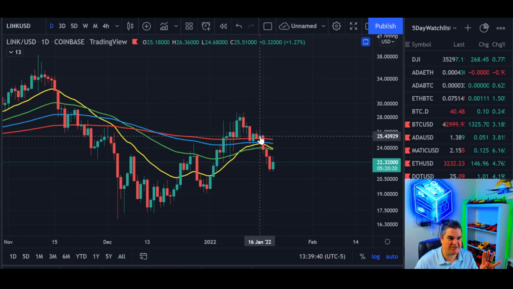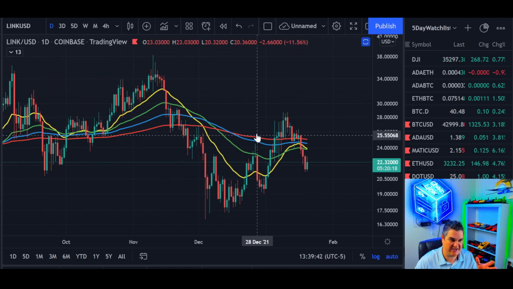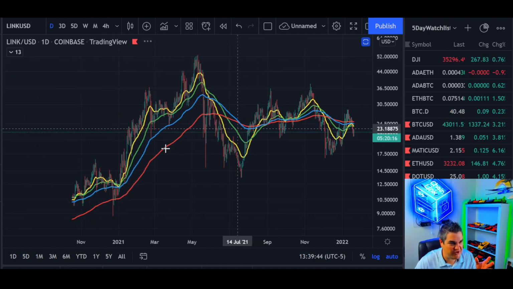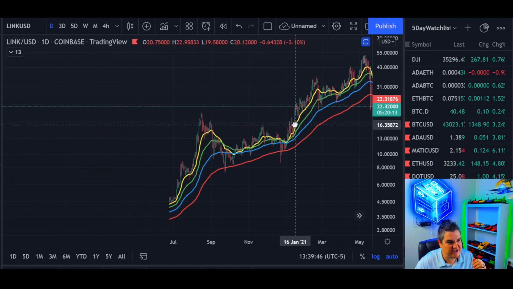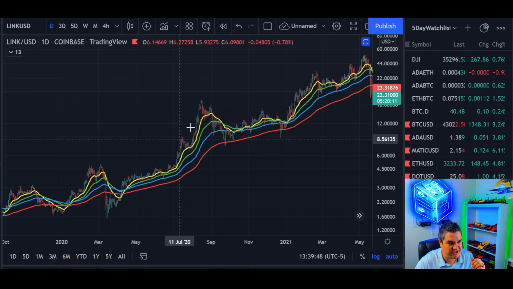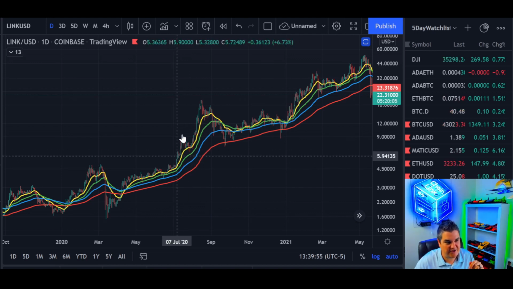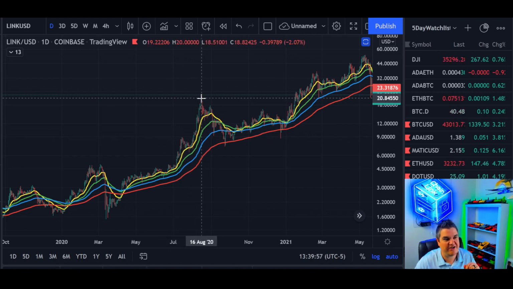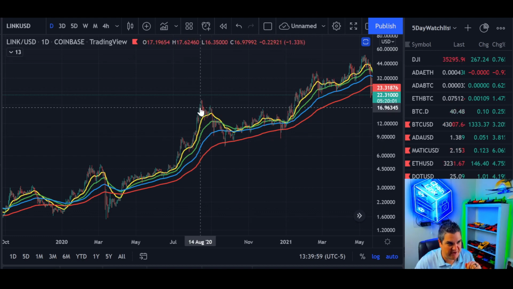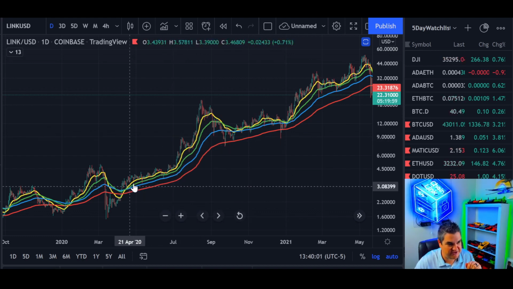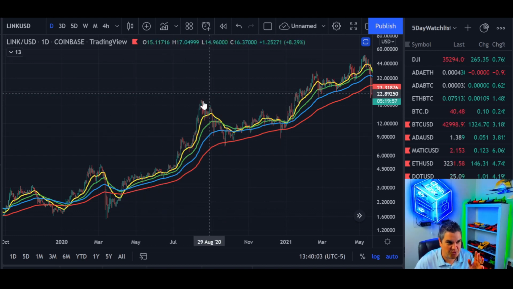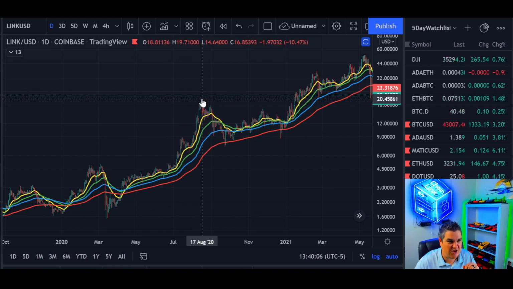Well, if you're familiar with charts at all, this is not the best, right? The best is when you're super bullish, you have these sorted out least to greatest, and you have your price action on top. And not only that, but you want key separation between said moving averages. See how massive it gets here? Link went parabolic from $2 in the pandemic to $20, and not that long.